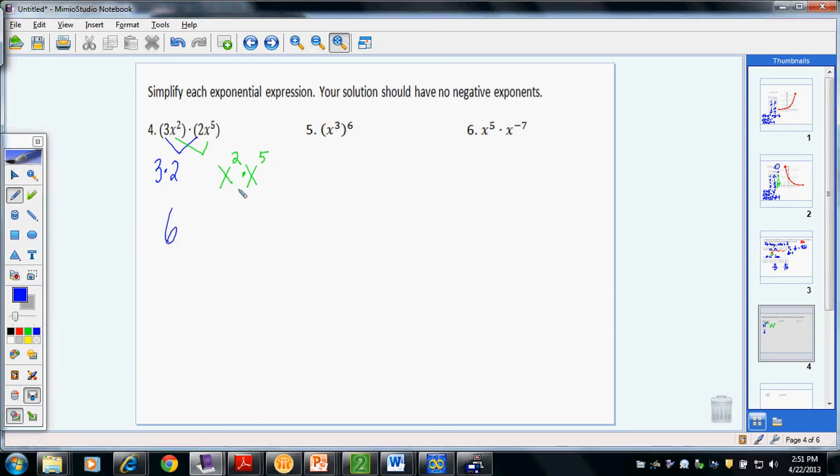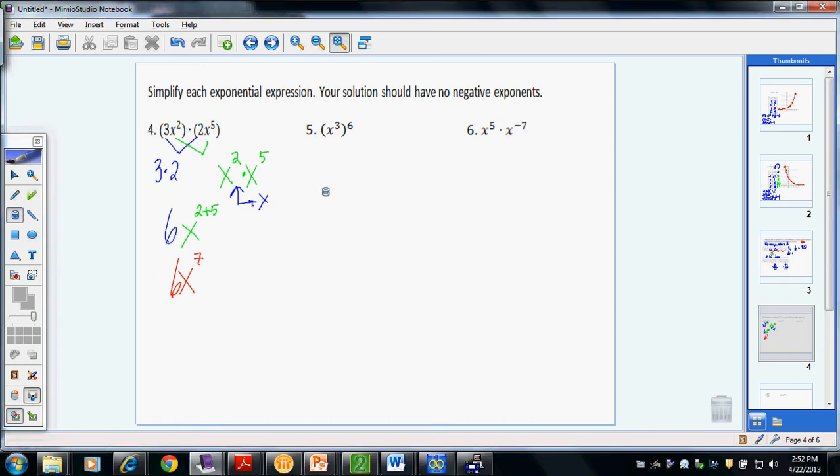And there's a rule here that says if I have x to the m power times x to the n power, then that's x, and I add my exponents if I have the same bases. So here, because I have the same bases, which is x, this will be x to the 2 plus 5, which will finally give me 6x to the 7th.